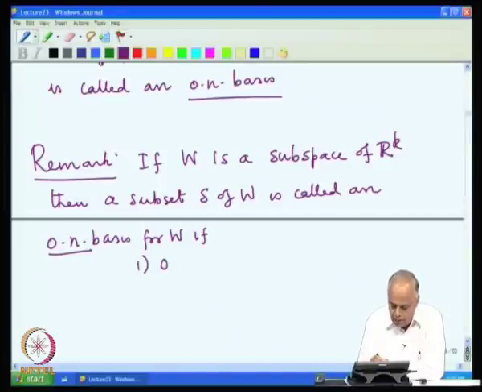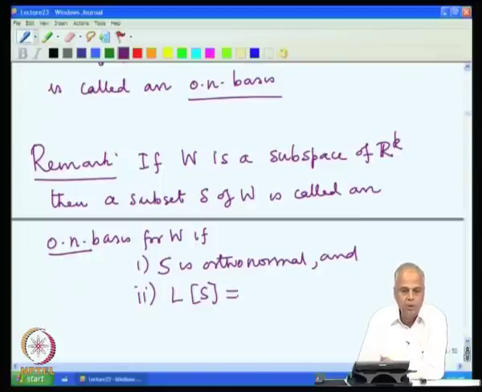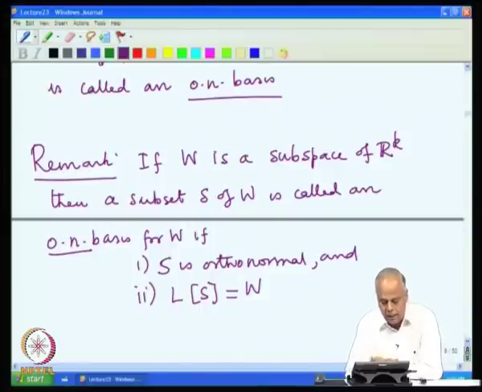So, S must be orthonormal, and we want it to span, that means the span of S, it must span what now? We are looking for a basis for W and therefore, it must span W. So, an orthonormal set in W which also spans W is called an orthonormal basis for W.